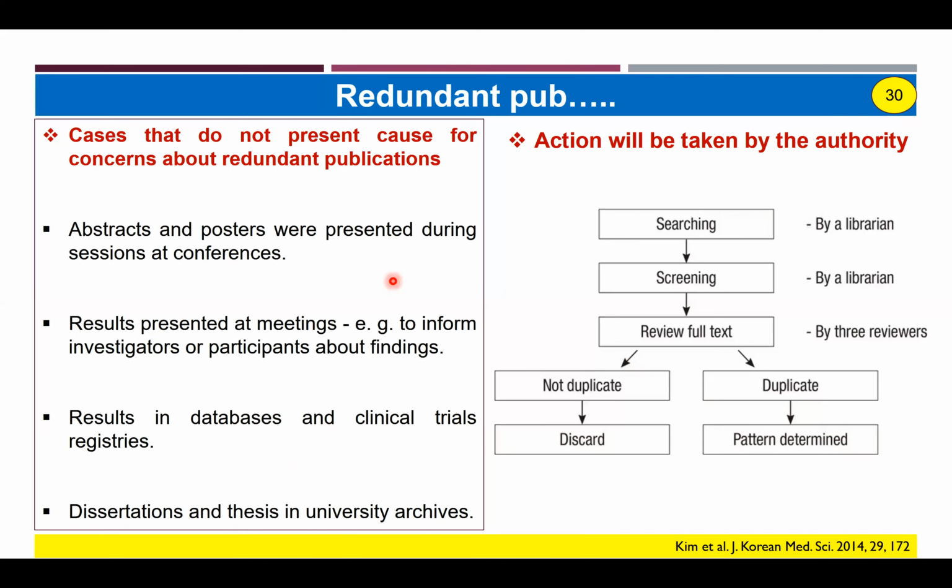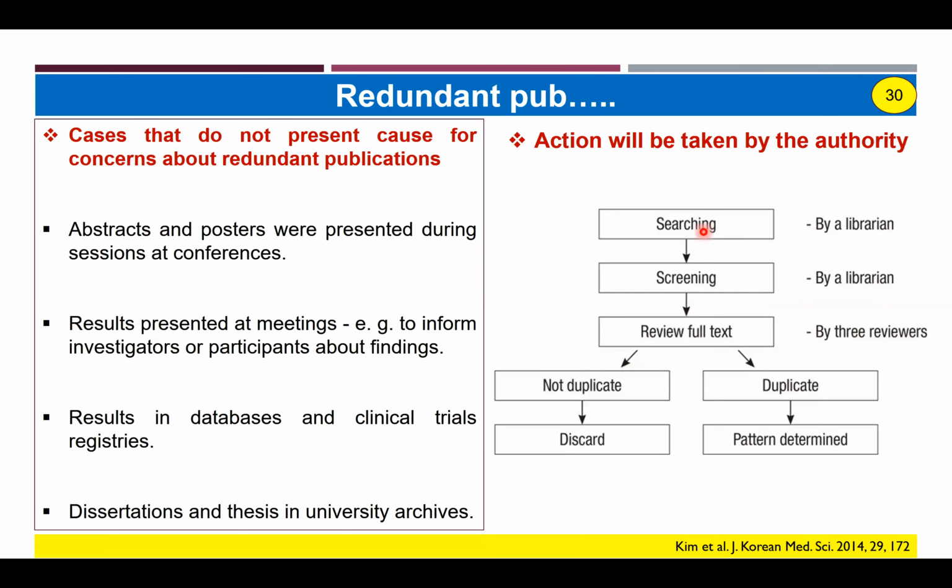Now, in case you find something is redundant, what action will the higher authorities or the journal where you publish take? There is a flow chart, and they form a committee and ask you to follow this flow chart to find out what is going on. Is it to be considered a redundant publication?